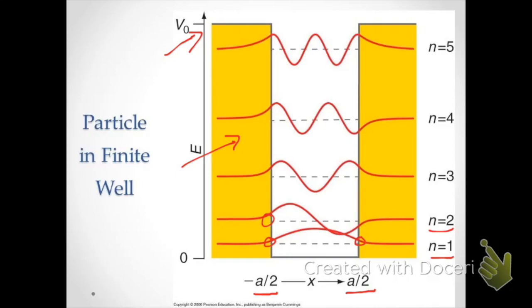Now, one thing that's important to note here, and this is where things should start blowing your mind a little bit, is that the dashed lines here represent the total energy of the system, and in this region outside the box, for example, at n equal 1, right here, we will see that the total energy is less than the potential energy.